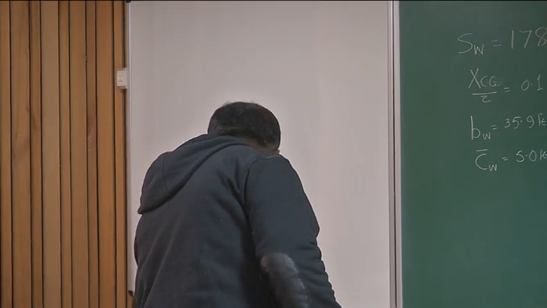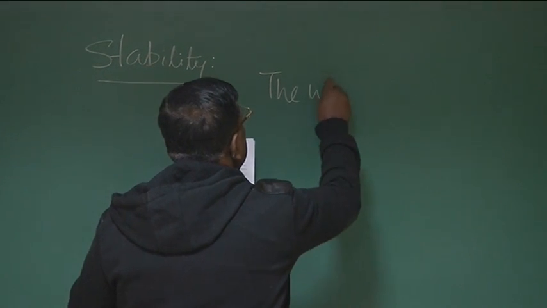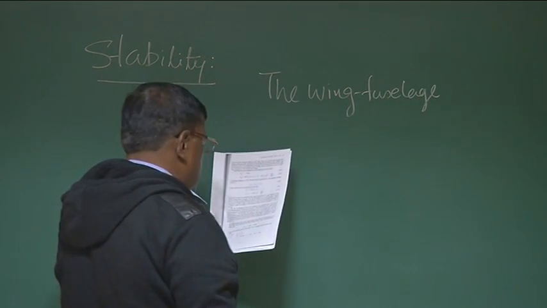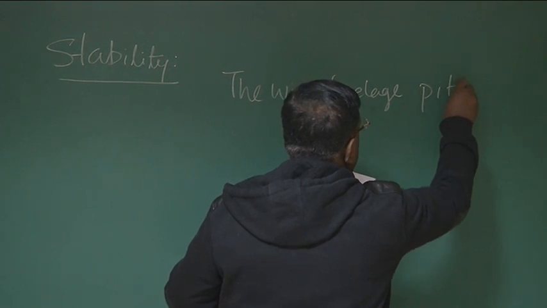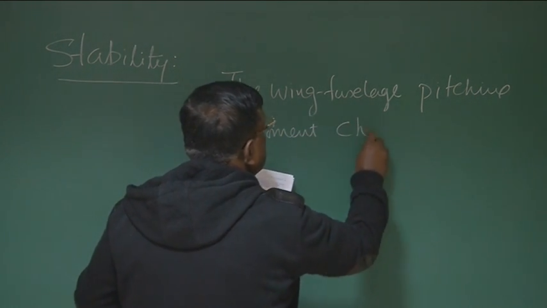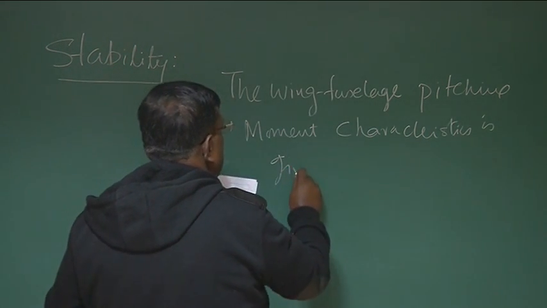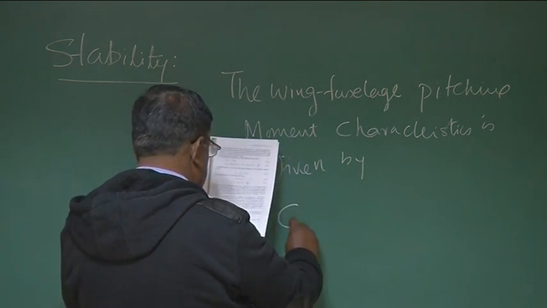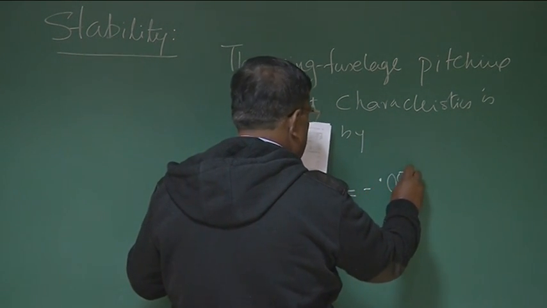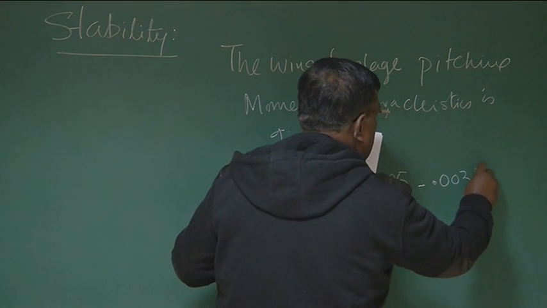Let me define the problem. The problem says the wing fuselage pitching moment characteristics is given by Cm of wing fuselage as minus 0.05 minus 0.0035 alpha.